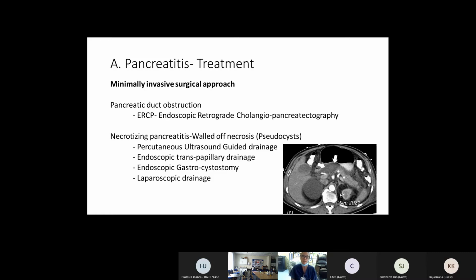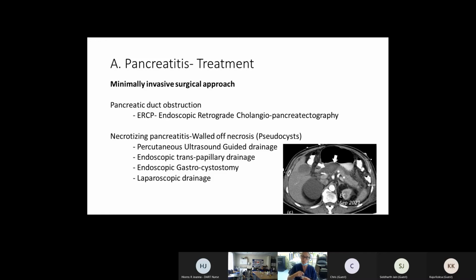It can be done by percutaneous ultrasound-guided drainage, or through the papilla, which would be very similar to an ERCP, or we can do an endoscopic gastrocystostomy, and we're doing this more and more. This is very convenient because the back wall of the stomach is very near the pancreas.